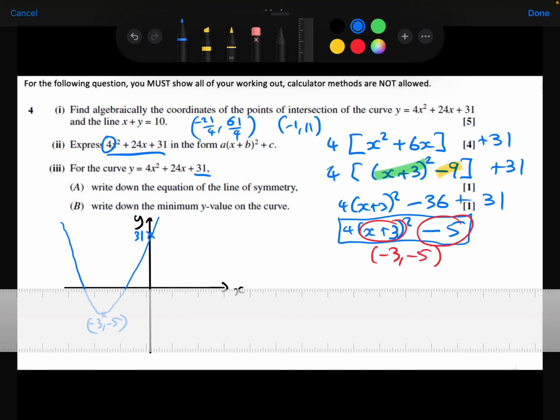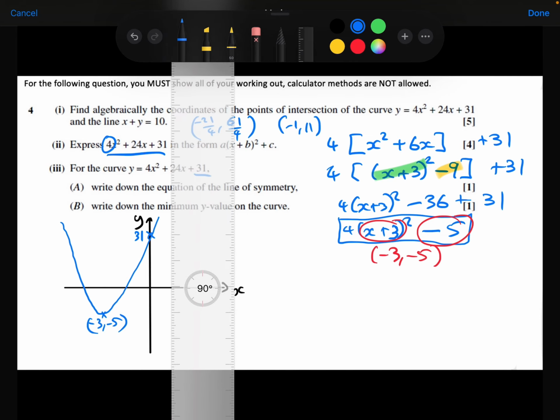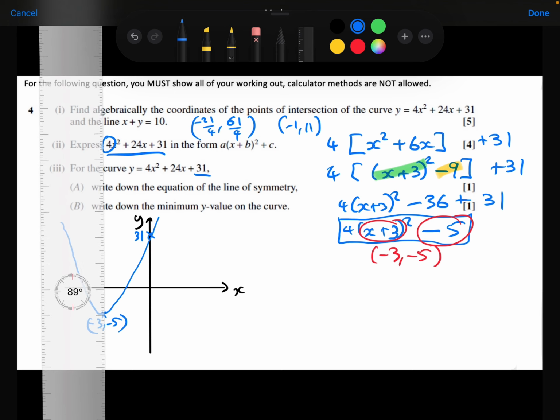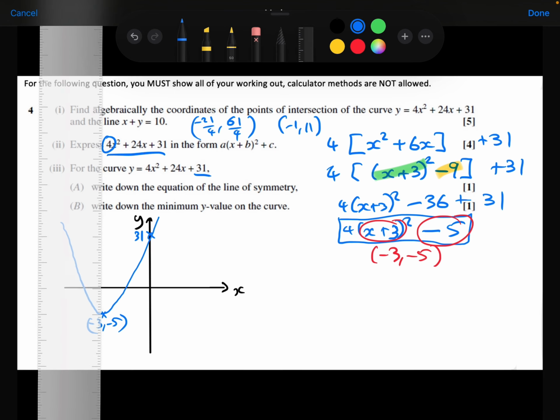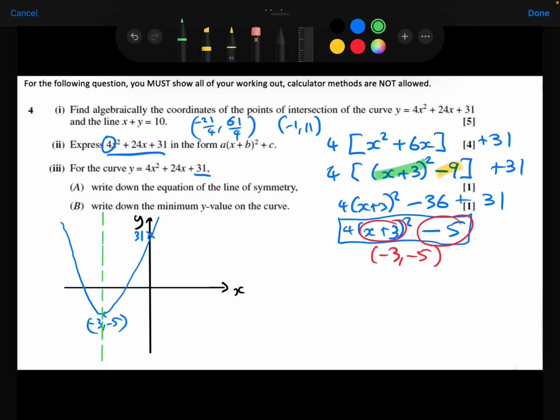Right, so there's my quadratic. The line of symmetry will always go through the turning point. That is my line of symmetry there. Quadratics always have a line of symmetry passing through the turning point.